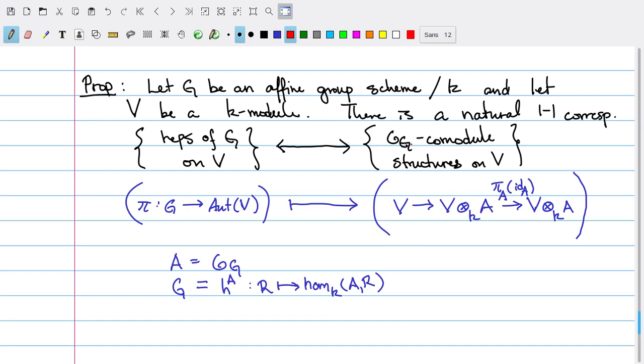Proving this proposition has a lot of moving parts. For example, we need to show that this composition here actually defines a coalgebra structure. Moreover, we need to show that this map here is one-to-one.